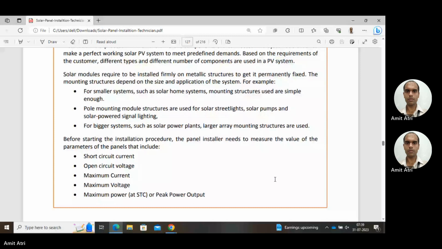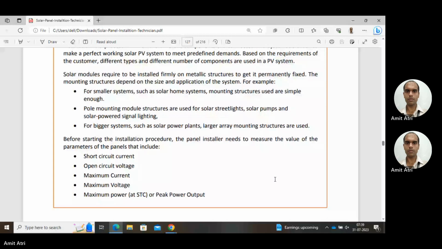Now coming to the installation, the steps involved in installation of solar panel. First of all, we have to understand the installation prerequisites, then assemble and fix the mounting structure. After that, mount the solar modules on the structure.